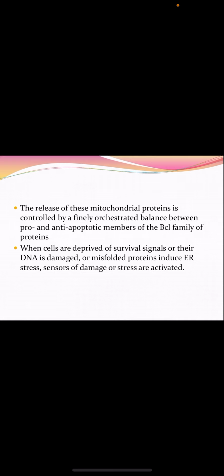The release of these mitochondrial proteins is controlled by a balance between pro-apoptotic and anti-apoptotic members of the BCL family of proteins. When cells are deprived of survival signals, or have DNA damage or misfolded protein induced stress in the endoplasmic reticulum, any stress to the cell, sensors of damage or stress are activated.